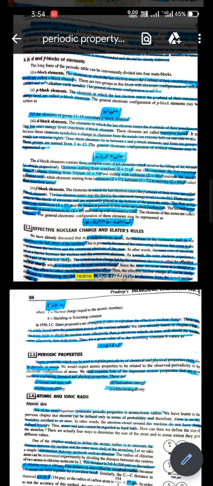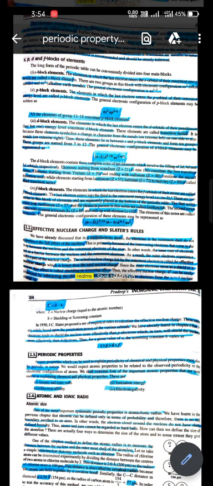Since the inner electrons serve as a shield or a screen, this effect is known as screening or shielding effect. Thus, the effective nuclear charge Z star can be expressed by subtracting the screening effect of the inner electrons from the actual nuclear charge.